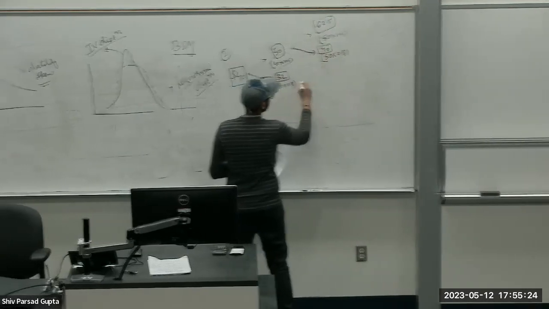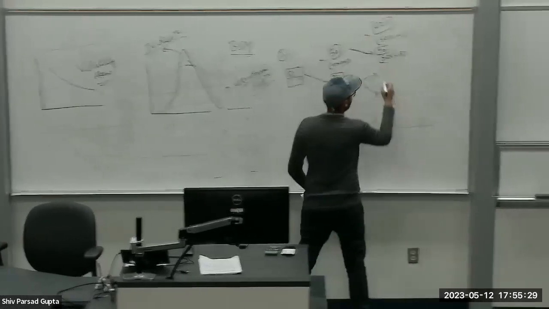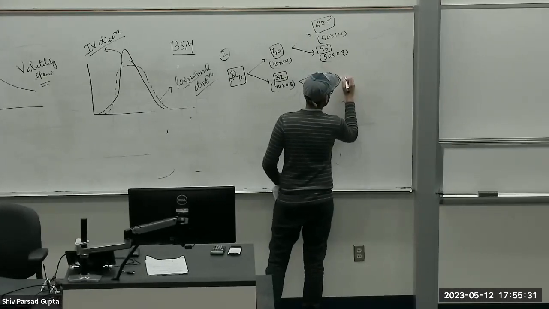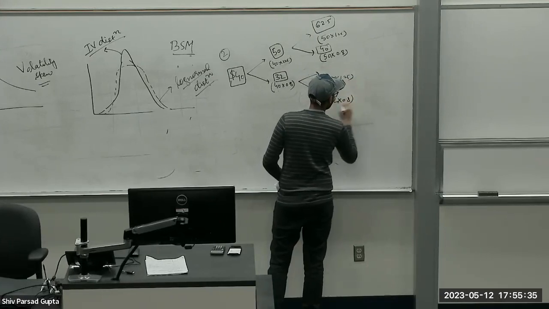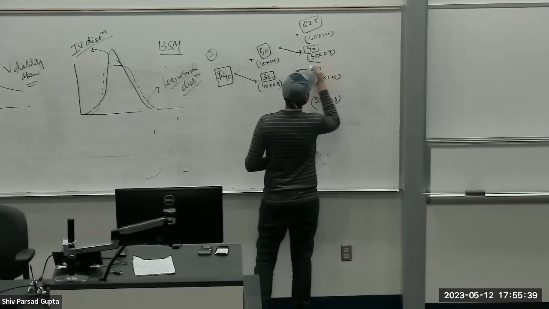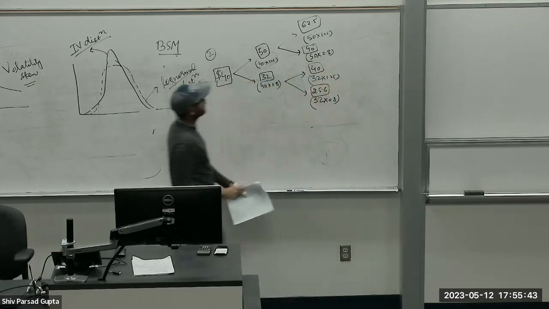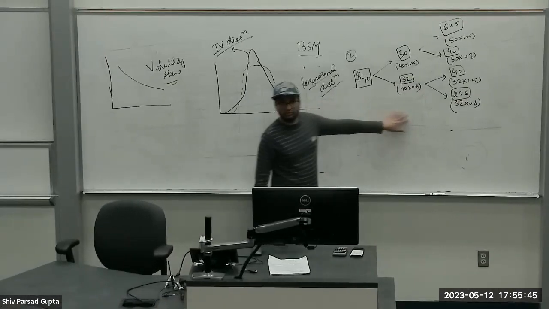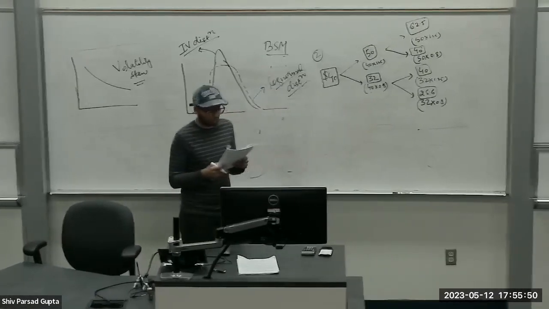Similarly for 32, we can do it in the same manner: it can increase by 1.25 to 40 or decrease to 25.6. Is that clear up till here? This is quite similar to the question in the homework also.